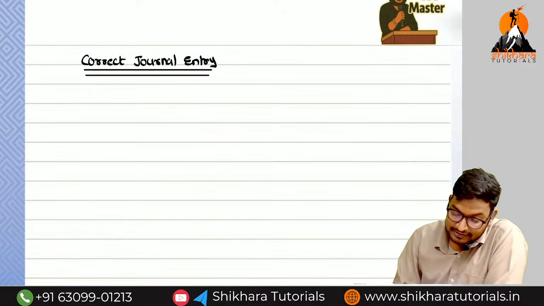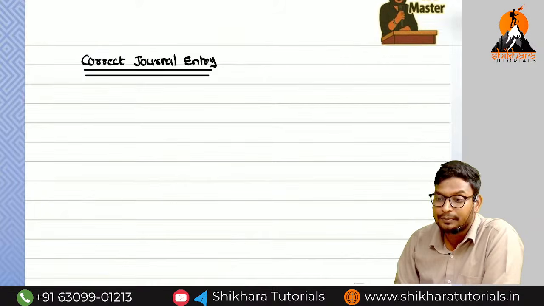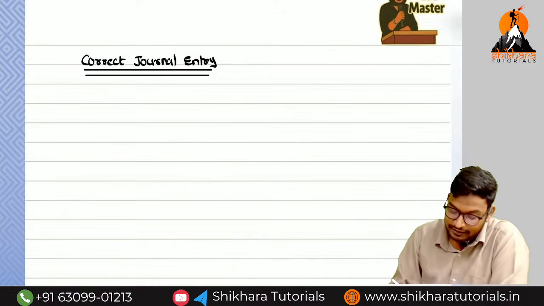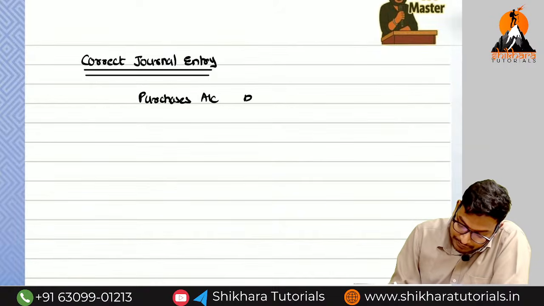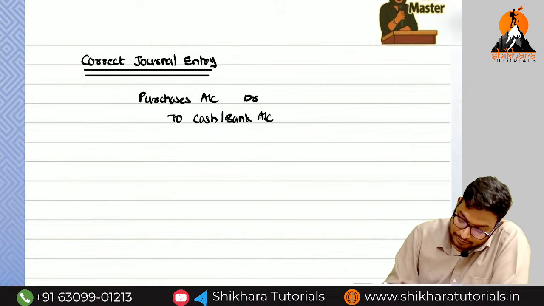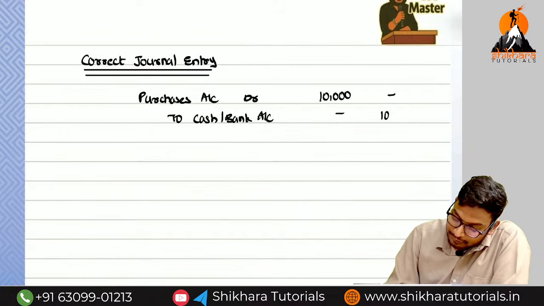We have paid the cash to Arjun for the purpose of purchase of goods. What is the entry? Simple: purchases account debited to cash or bank account of rupees 10,000. This is the transaction I need to record.